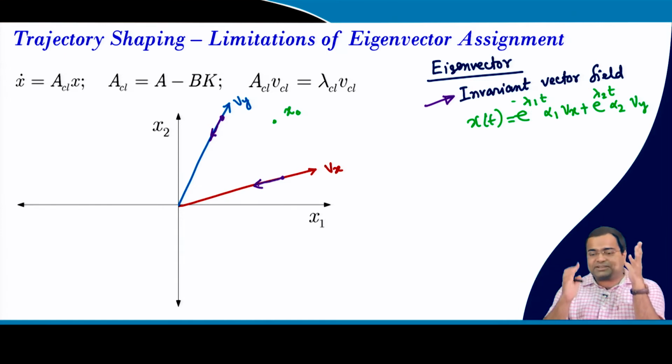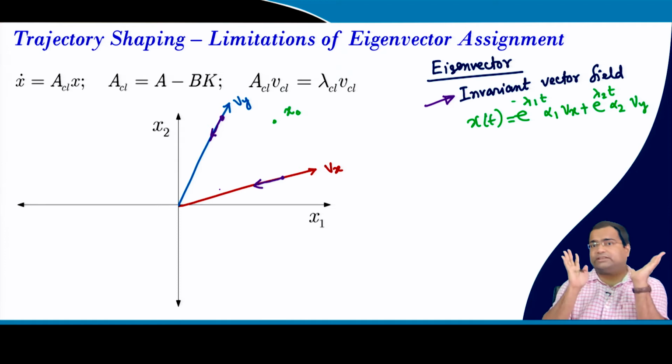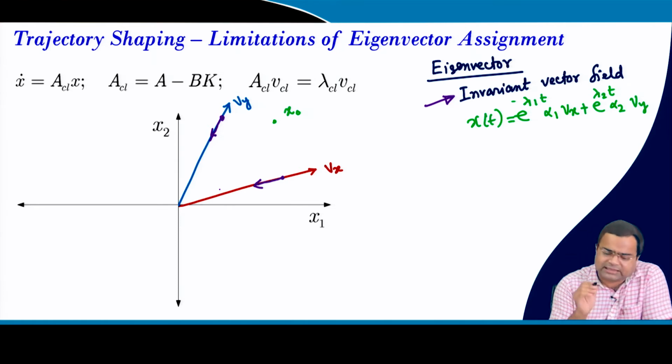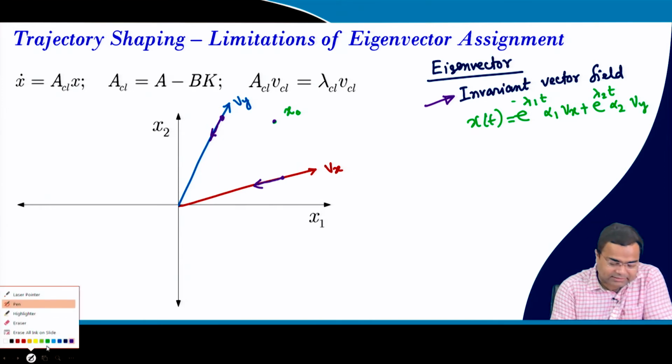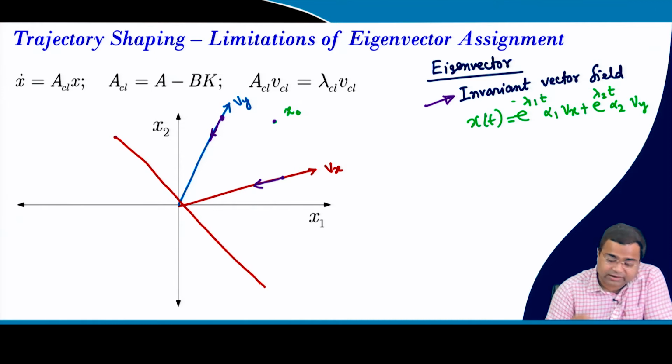So we can only ensure movement of the trajectory along one of the eigenvectors if we choose the initial condition on it. But suppose I want to create a path.